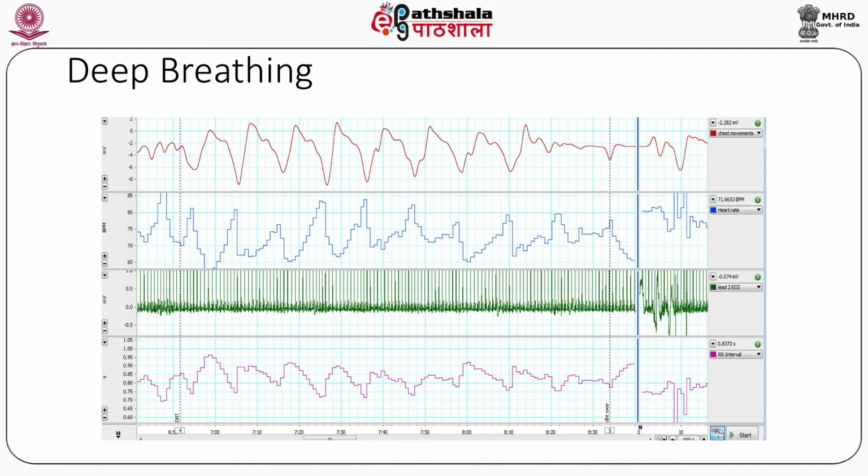So what we can do is, for each cycle of breathing, where one cycle is 10 seconds, measure the maximum RR interval during the expiratory phase and divide it by the minimum RR interval seen during the inspiratory phase.